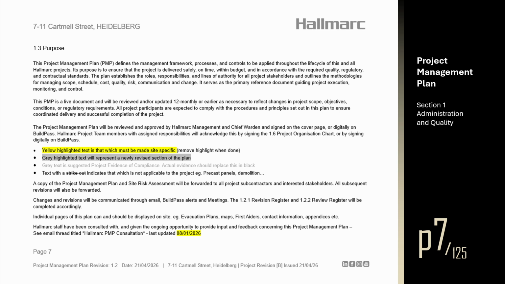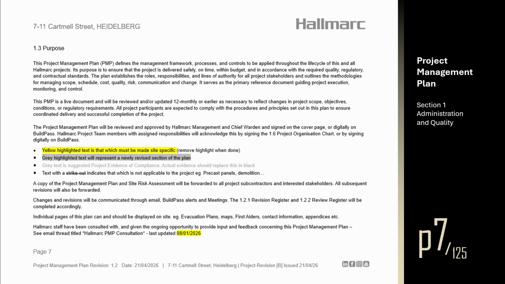A copy of the project management plan and site risk assessment will be forwarded to all project subcontractors and interested stakeholders. All subsequent revisions will also be forwarded. Changes and revisions will be communicated through email, BuildPass alerts and meetings. The Section 1.2.1 Revision Register and Section 1.2.2 Review Register will be completed accordingly.